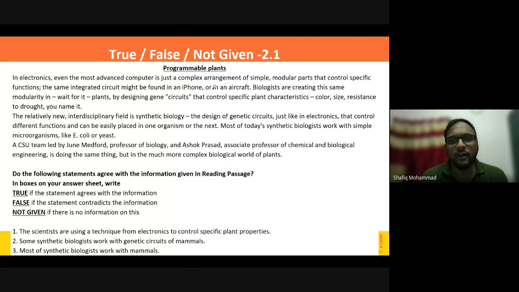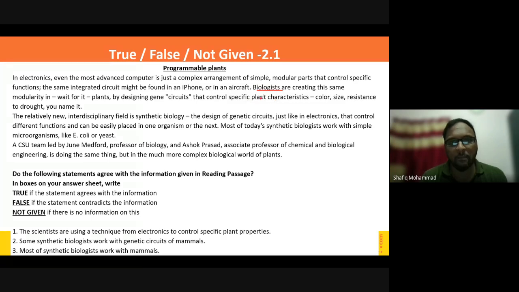For example, obviously it is all about electronics, and where can we find scientists? Obviously scientists are no one but biologists, right? Are creating the same modularity by designing the gene circuits. And plant characteristics.